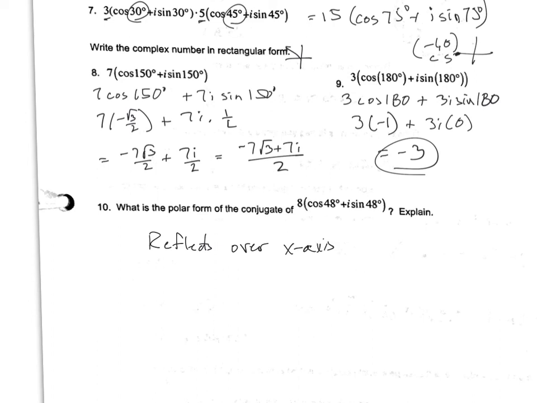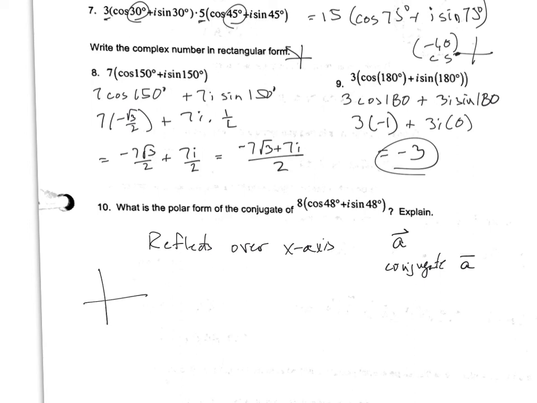That's what we know about conjugate. And also don't forget that if the name of the vector is like this, then the conjugate name has a little bar over it.